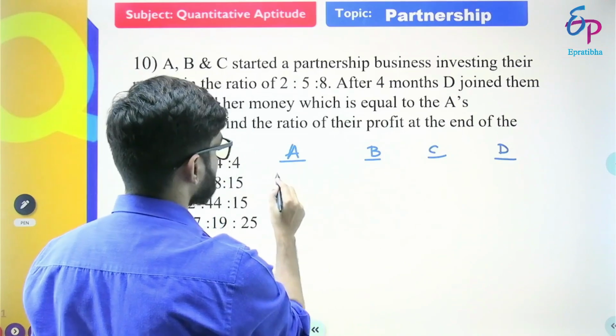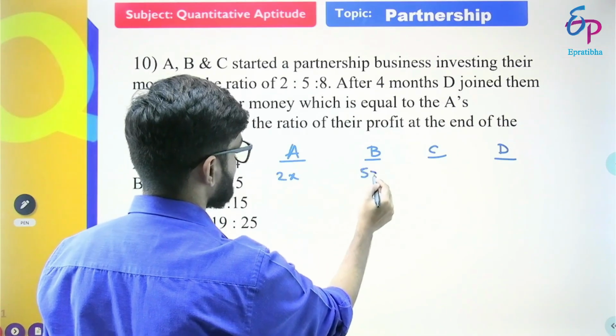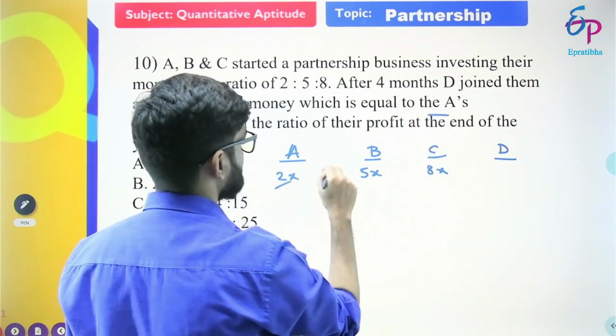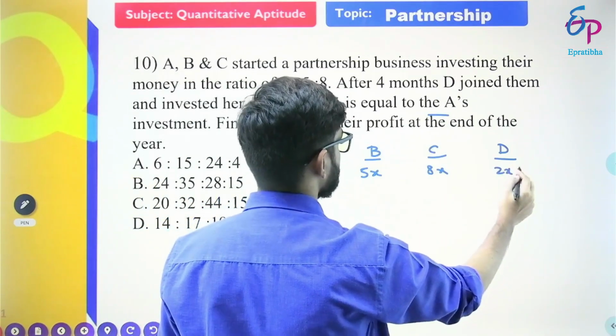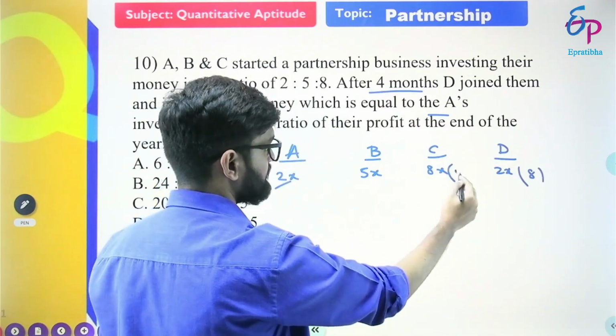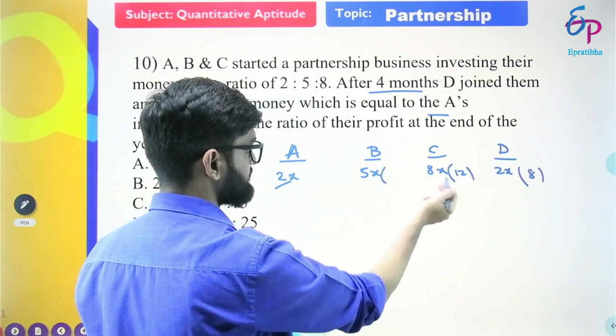So this is 2x, this is 5x, and this is 8x, and D's investment is the same as A's, 2x, but he is coming after 4 months, so he is there only for 8 months, while the others are there for 12.